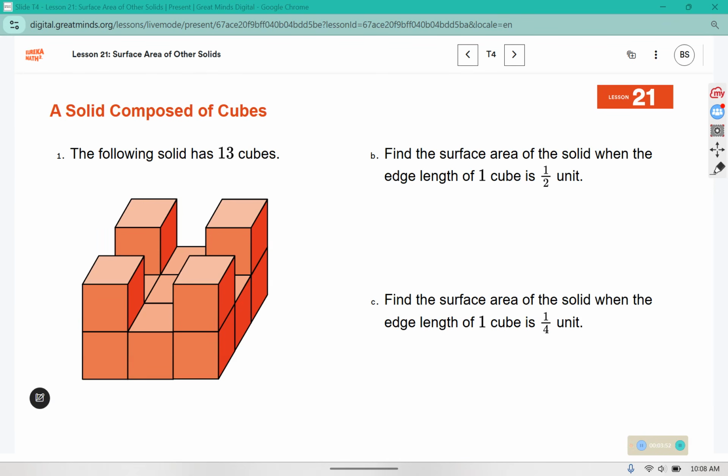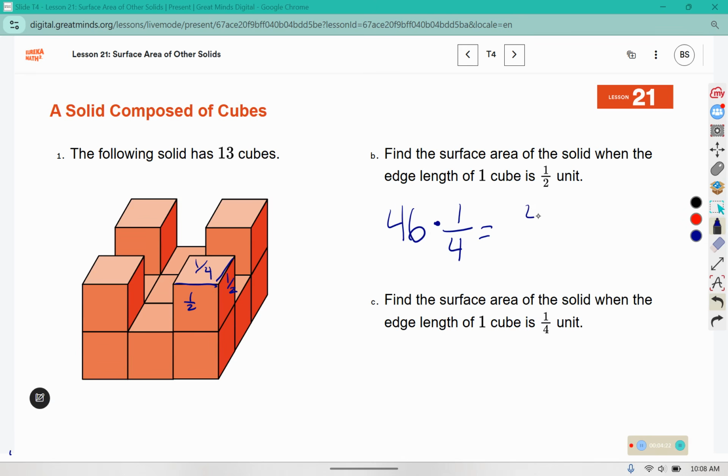Find the surface area of the solid when the edge length of one cube is a half of a unit. So if it was a half by a half, the area of each of those would be 1/4. So we know from the previous problem that the surface area was 46 if it was a 1. But now instead of using an area of 1, we have an area of 1/4 for each of those squares.